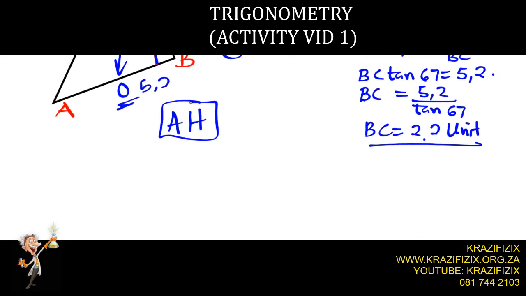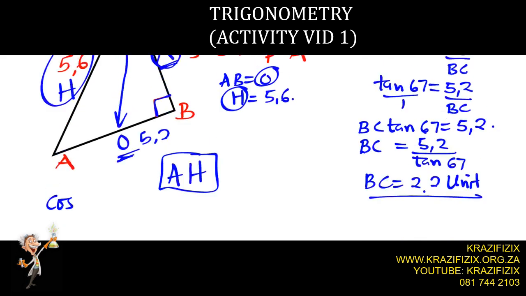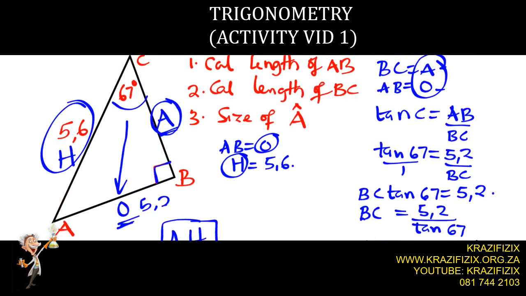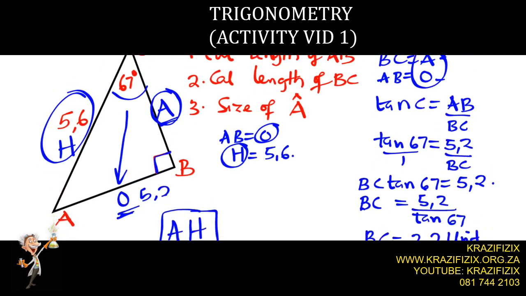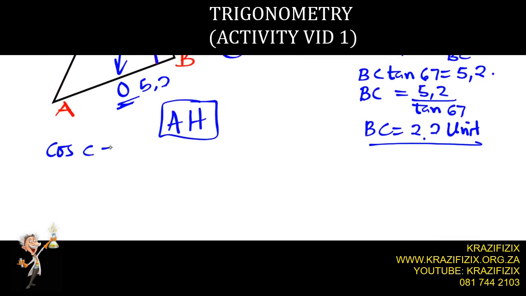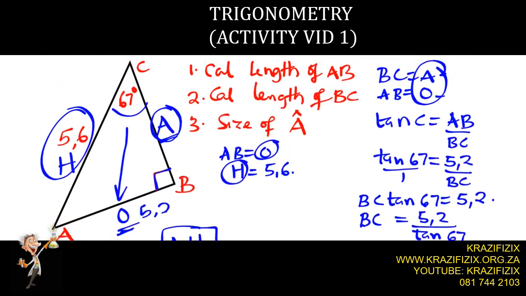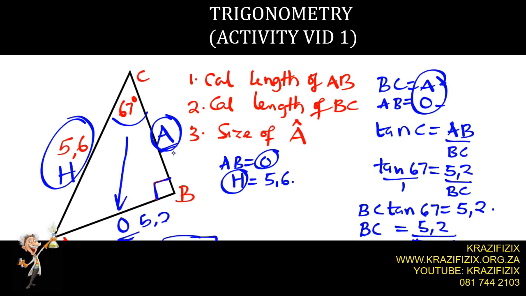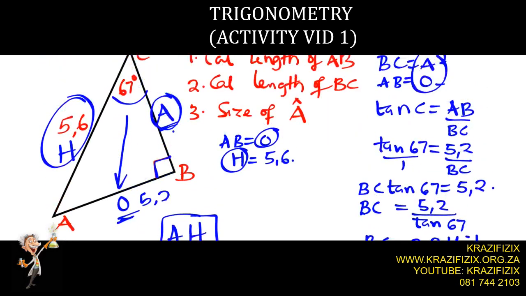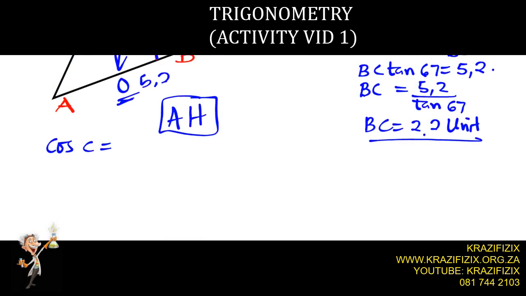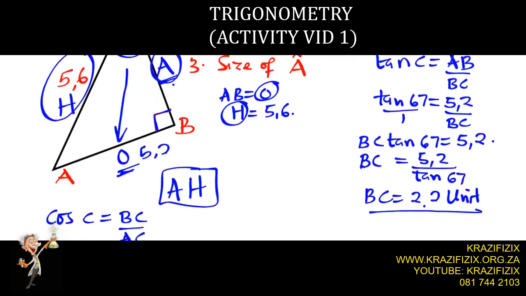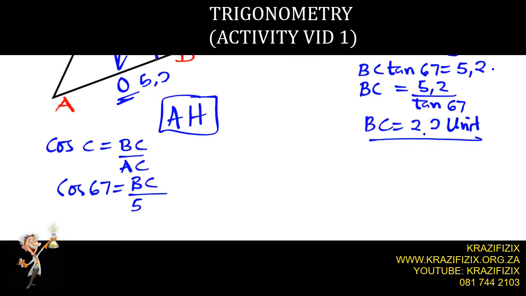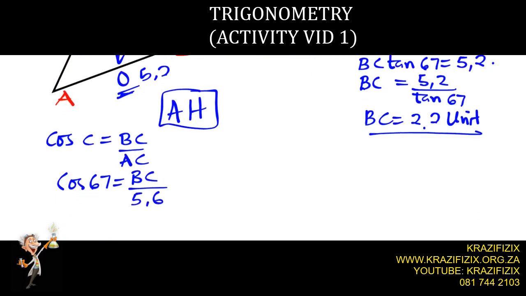That's cos. So cos, what angle are we dealing with? C. Cos C. Which side is my adjacent? BC. See, it's good to label. BC over AC. So cos 67. Remember, I'm looking for BC, and our AC is given as 5,6. Can we cross multiply?